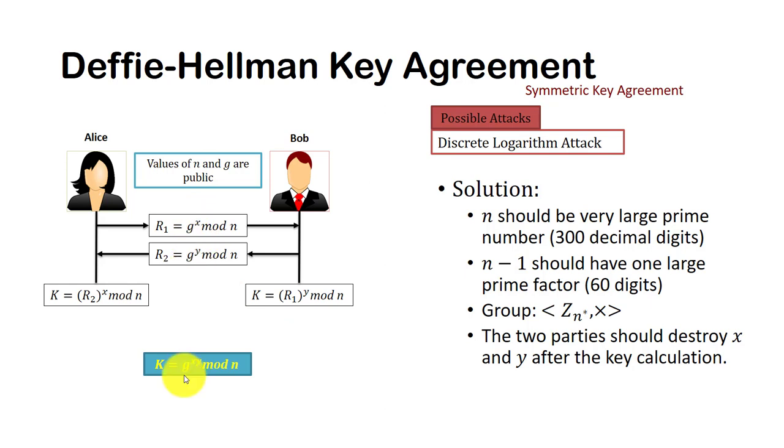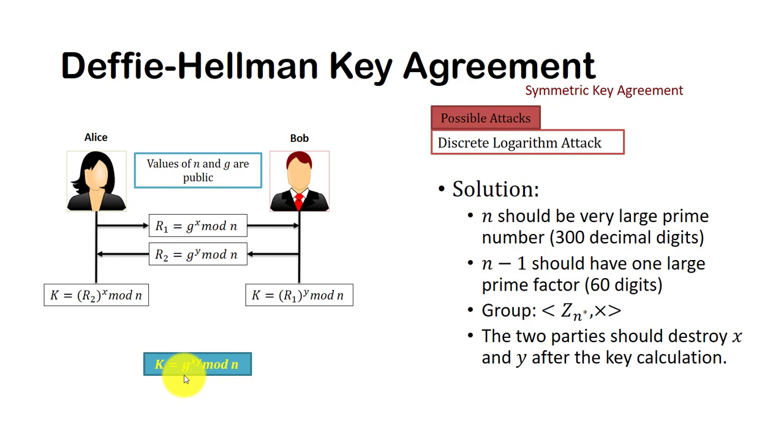So the solution is that you take a very large value of n, as I said in the beginning. It has to be a prime number and it has to be in the order of 300 decimal digits. Then you have to take a value of g in the domain of n minus 1 that should have at least one very large factor, about 60 digits, and that too belongs to the Zn star domain over the multiplication sign.